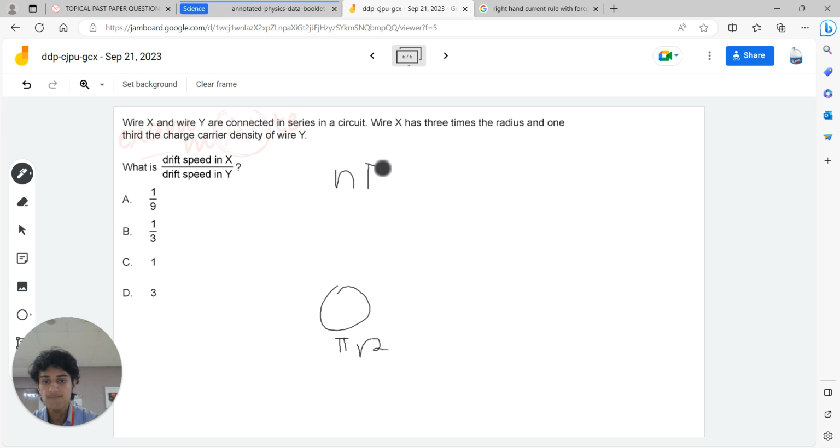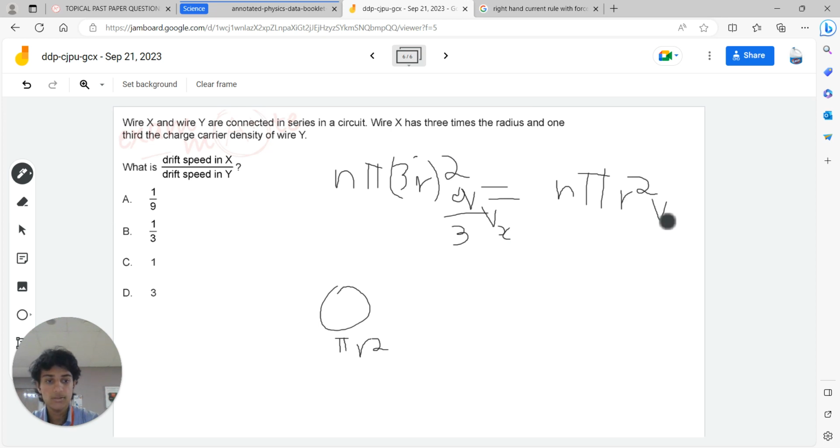So we have pi times 3r, the whole squared, and then the n is divided by 3, it's 1/3 of that in Y. And then this would be pi r squared, because in Y it is, oh, I forgot to write v, and then vY here, the drift speed, and then q.